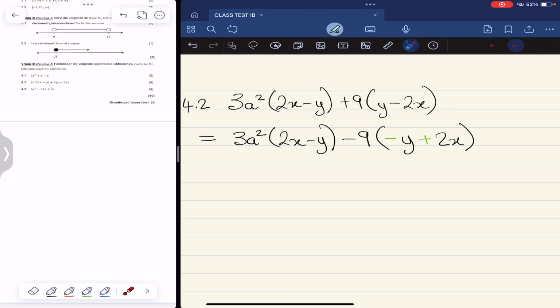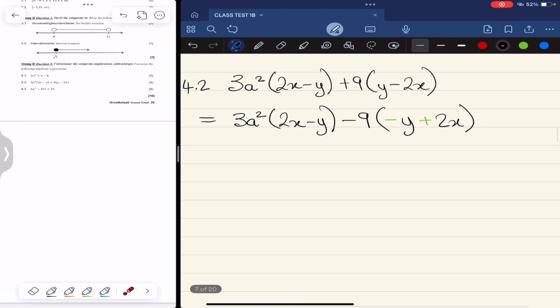Okay, so we went from having the second term here as plus 9 times y minus 2x to minus 9, changing the sign of the y to negative now, and changing the negative sign of the 2x to positive.